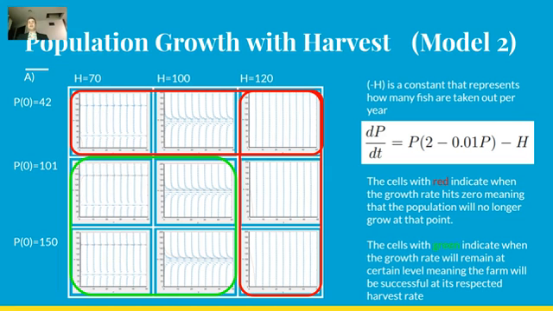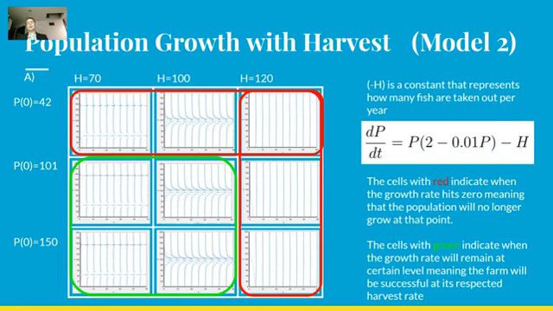We will then vary the initial conditions, our starting population, as well as our harvest rate, from 70 to 120 fish per year. We will then graph these differential equations and their slope fields to see whether these farms will be sufficient to sustain themselves for years to come, or if they will fail and the population will eventually fall to 0.